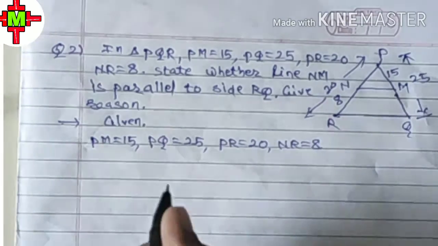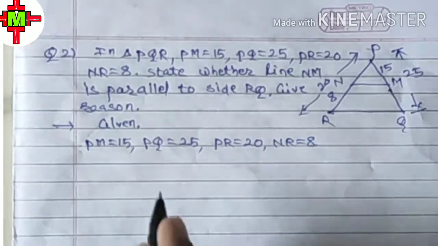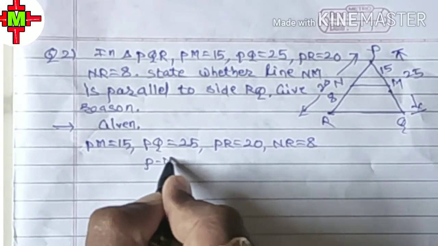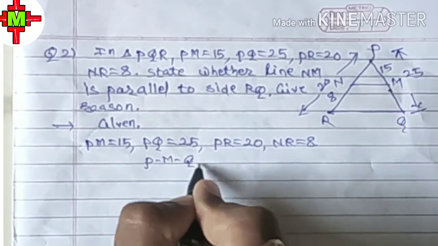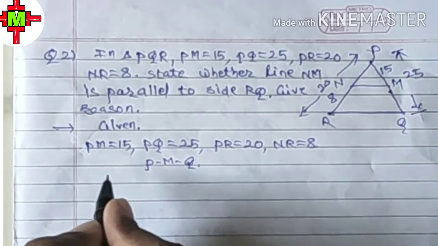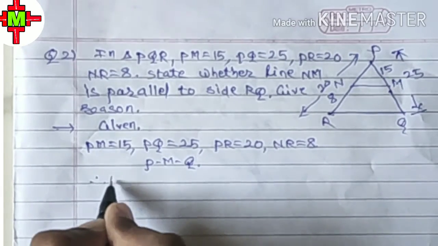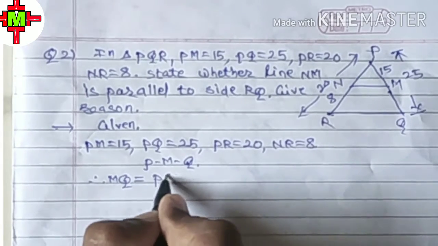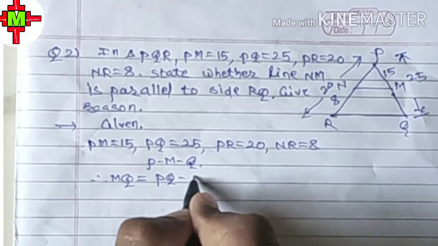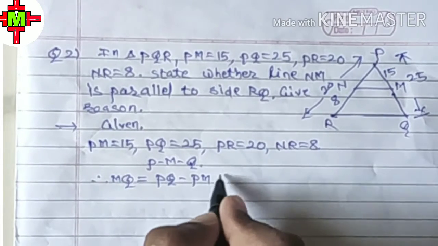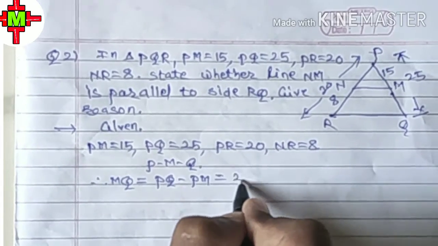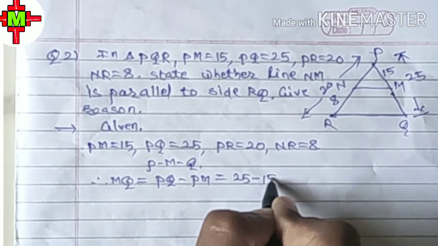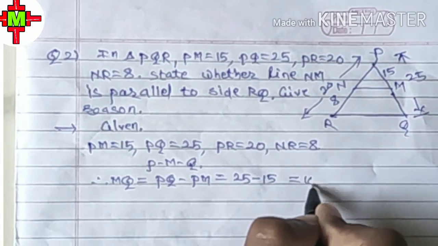Now in figure, P dash M dash Q, that means M lies in between P and Q. Therefore, MQ is equal to PQ minus PM. That means PQ is 25 minus 15 is equal to 10.